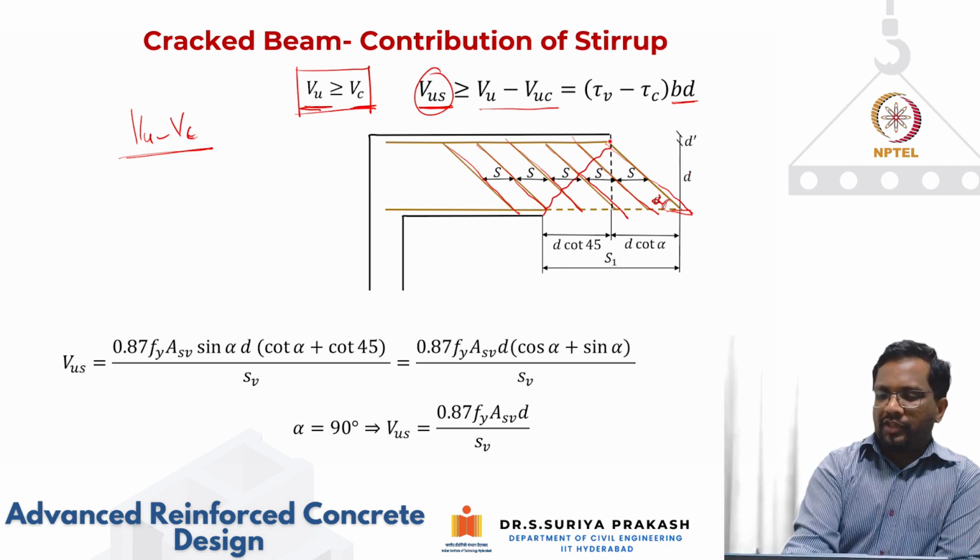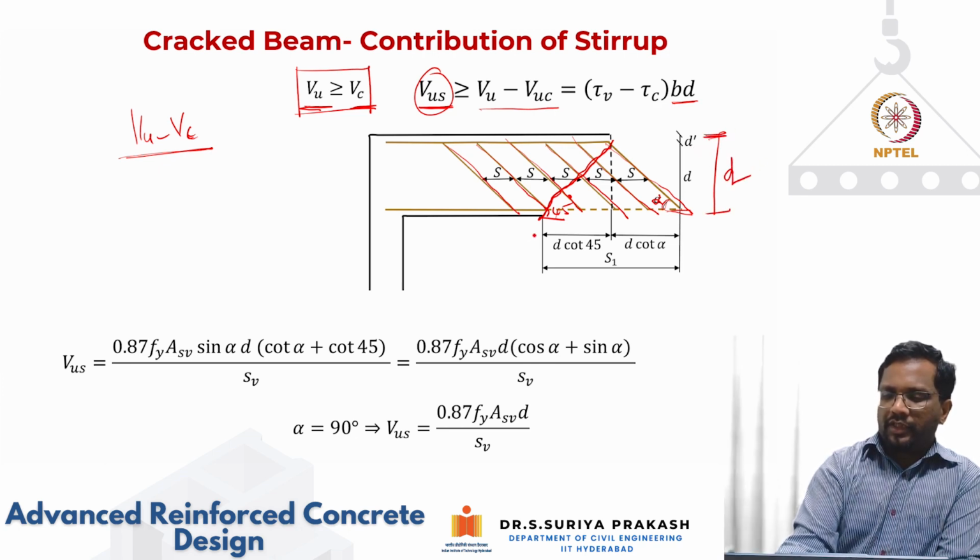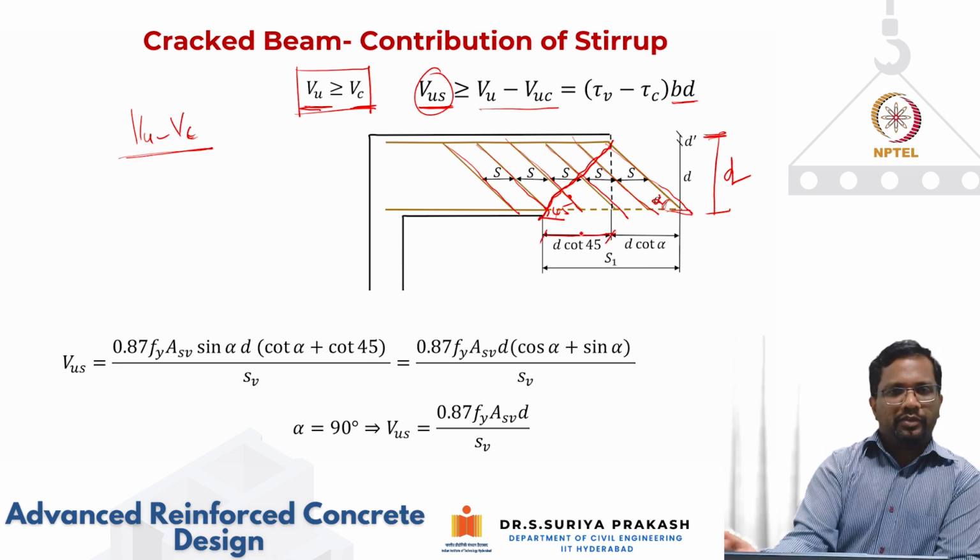If I assume this crack angle to be an average 45 degrees, then you can see that this is your effective depth, this is your depth d. So we can say that this crack, if I assume 45 degrees, this distance is going to be d cot 45, which is equal to d.